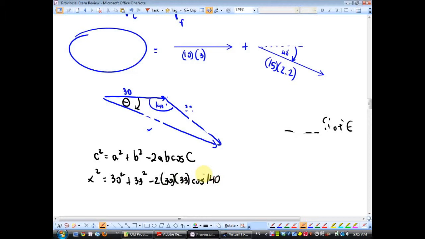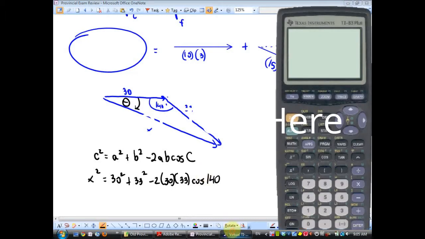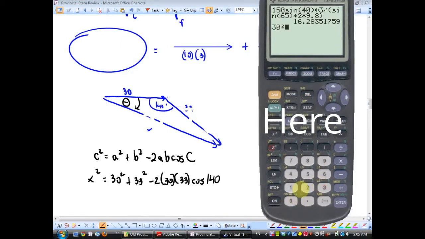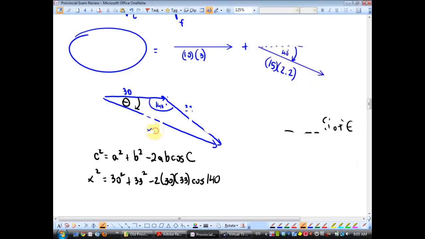This doesn't find you x. What does this find you? So please don't forget to square root. 30 squared plus 33 squared. The nice thing is you can type this in one line if you have a good calculator. Minus 2 times 30 times 33 cosine of 140, square root. I get 59.21 for x.